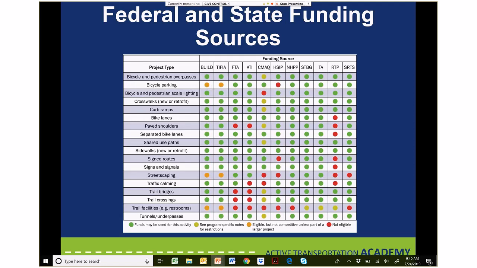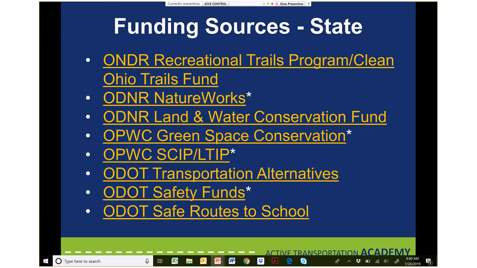But looking at what's the project type in your community, what are the different funding sources. And then we take a look at some online resources for different funding, and we're able to click through some of these that participants in the course are interested in knowing more about. But again, when we send out the follow-up email, there's a copy of the presentation included in there, and so you're then able to go through and actually click on all of the links yourselves.